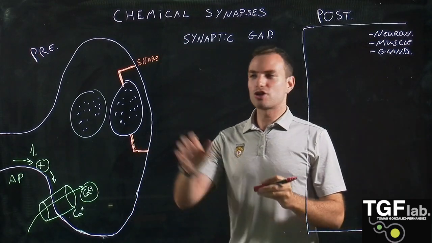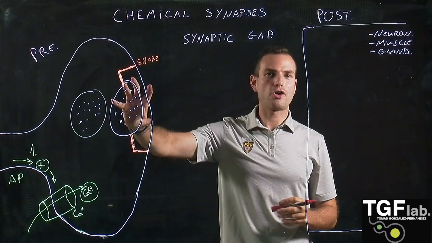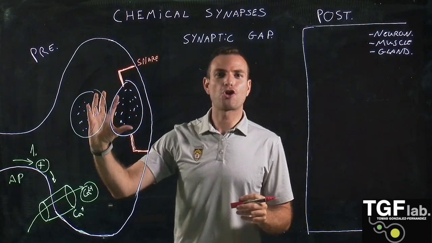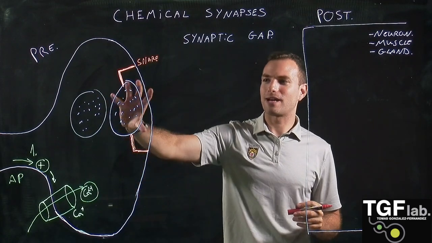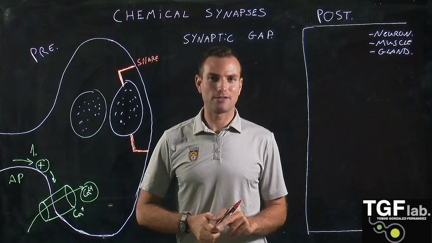Okay. The SNARE proteins are like chains that bind the vesicle to the cell membrane, and they are going to bring the vesicle closer to the cell membrane in order for it to fuse and then liberate all the neurotransmitters that are inside the vesicles.